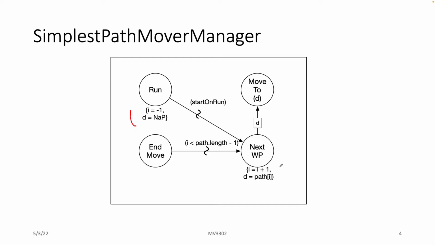It's going to increment my index and then set the next waypoint to be whatever is on that path. And then it's going to schedule a move to event passing that waypoint as an argument. The other thing it's going to do is listen for an end move event, and then if there is another waypoint, which is my Boolean condition, I'm going to schedule another next waypoint.